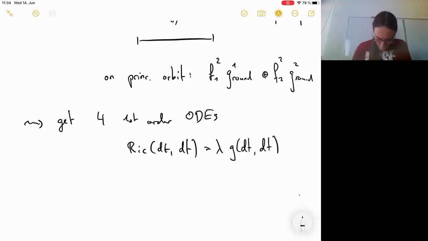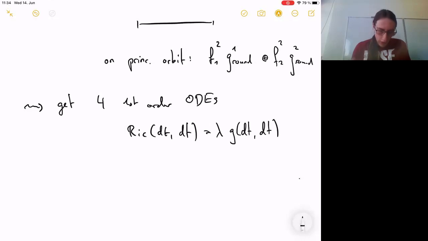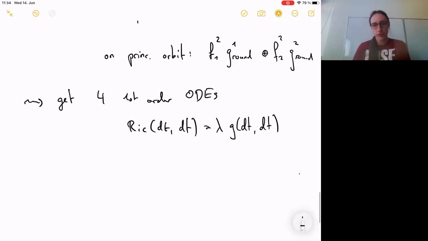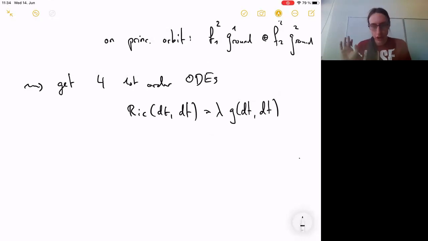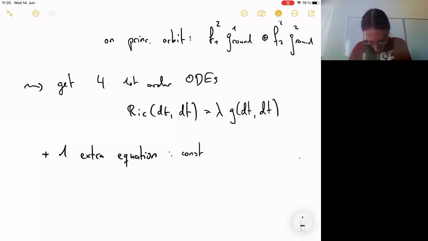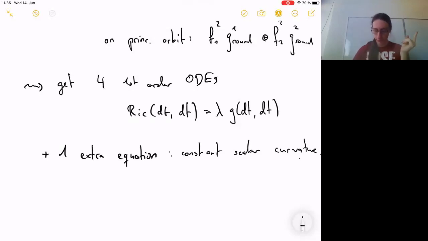And then, of course, there are equations you haven't used, and it turns out all of those are equivalent to 1 extra equation, which is not a differential equation. It's just an equation which comes from constant scalar curvature. So if you write down your equations, you're going to get 4 ODEs and 1 constraint equation.